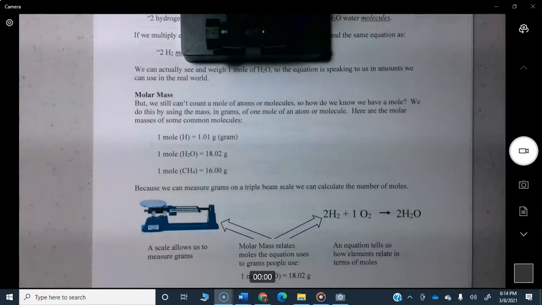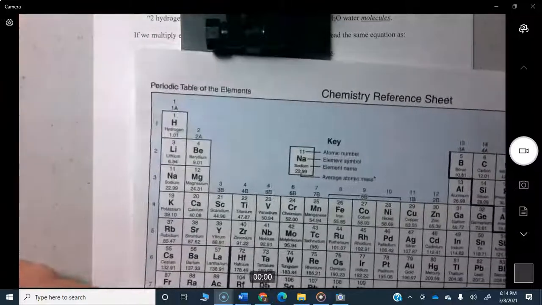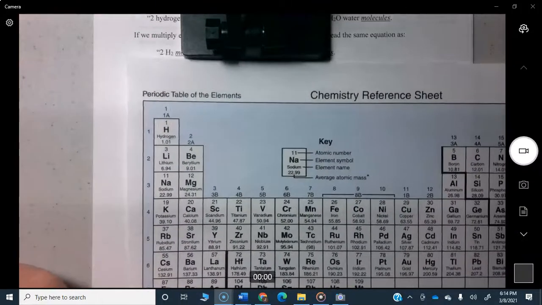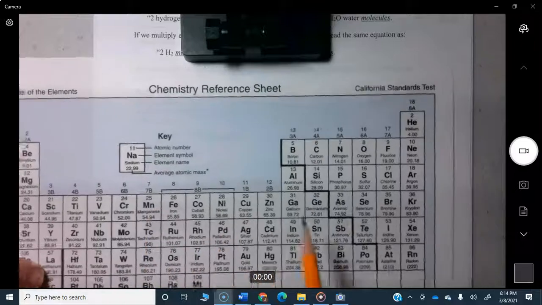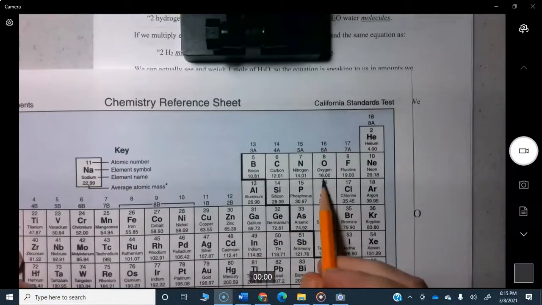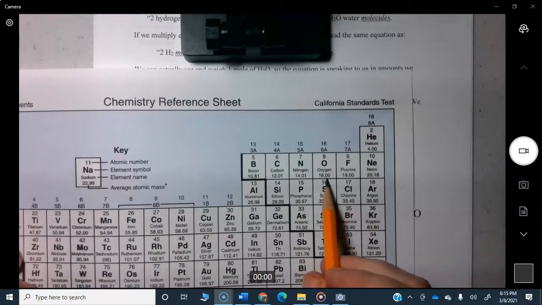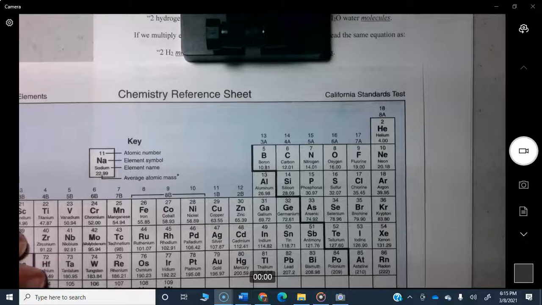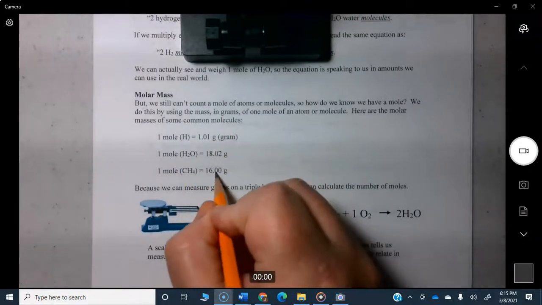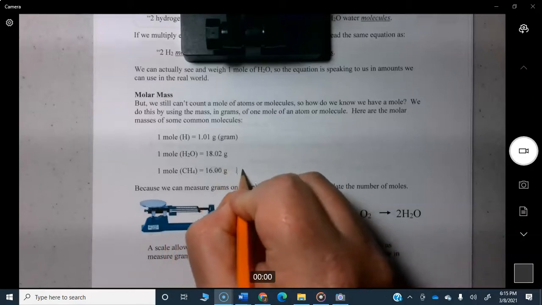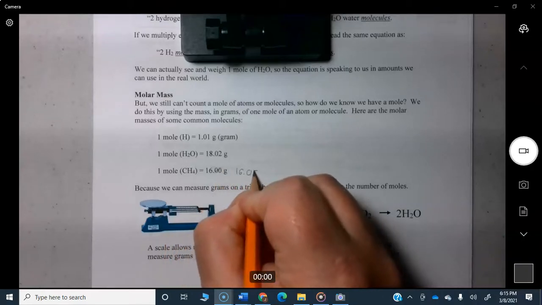So what you do is, for H2, you take 2 hydrogen atoms, that's 1.01, and you multiply that by 2 to give you 2.02. Then 1 oxygen atom is 16, so 16 plus 2.02 gives you 18.02. 1 mole of CH4, that's actually a typo, it should be 16.05 grams.